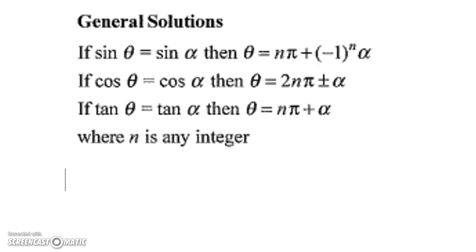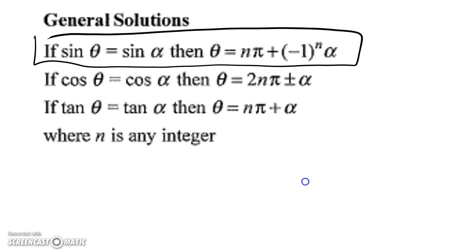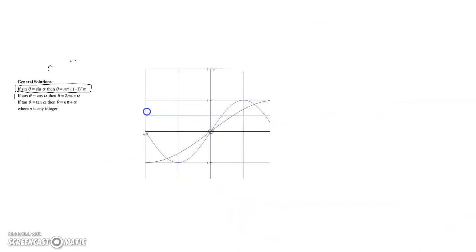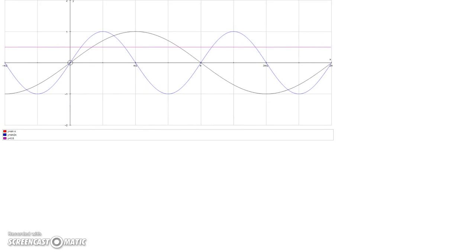And we are going to be looking, first of all, at our sine graph. So I have drawn a sine graph, or two, as it were, over here, and we are going to look at them. First of all, the black one over here, which is y equals sine x, and this purple graph is just the line y equals 0.5.